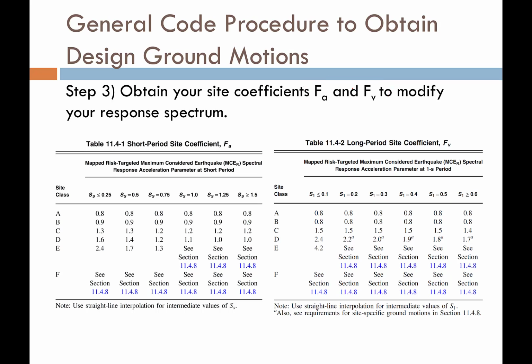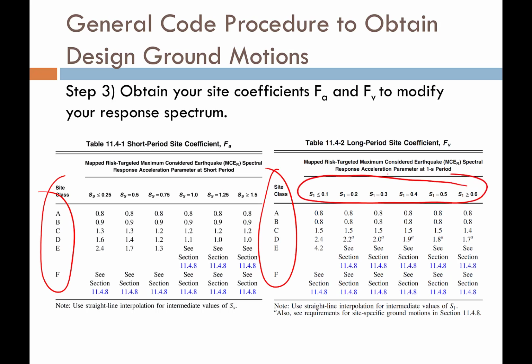The FA corresponds to the S sub S ground motion, and the FV corresponds to the S1 ground motion. Okay, that's why we call it short period and a long period. Perfect. So you'll just go to these tables, 11.4-1, 11.4-2. It's a function of your site class, and it's also a function of whatever your mapped spectral accelerations were at the short and long periods, respectively.